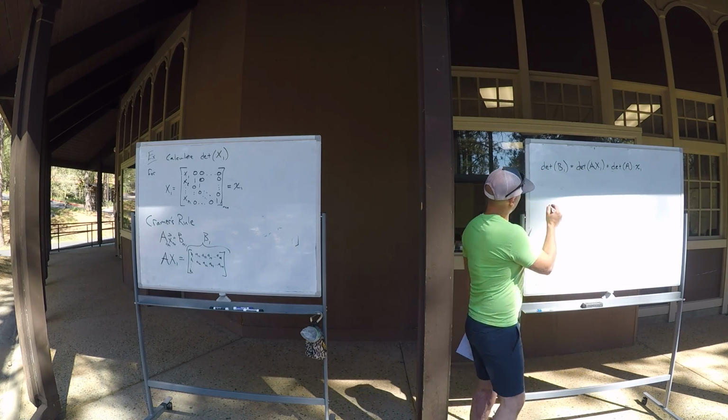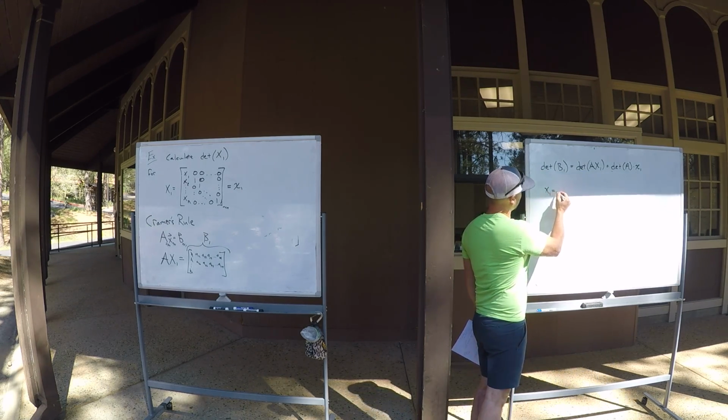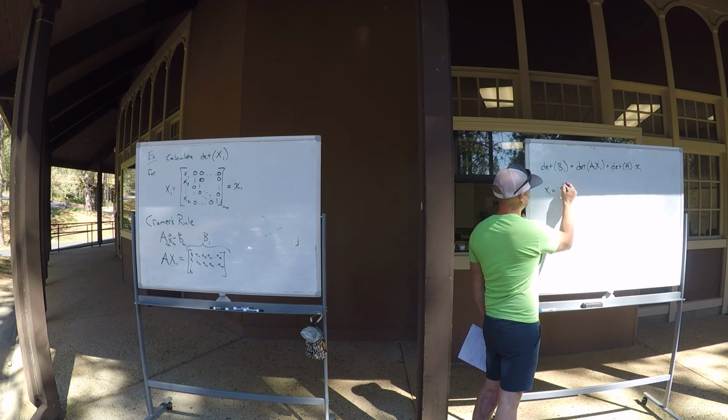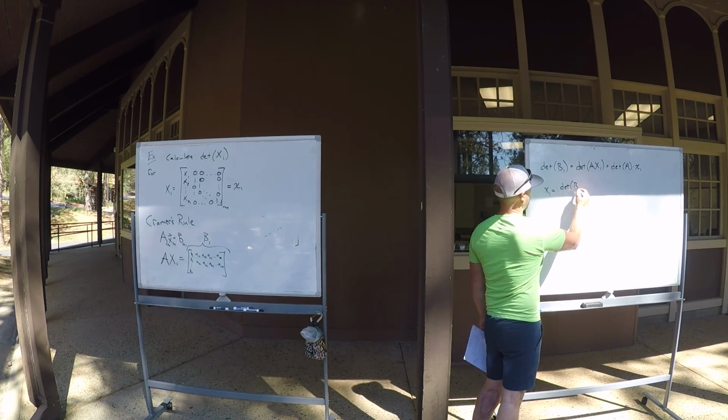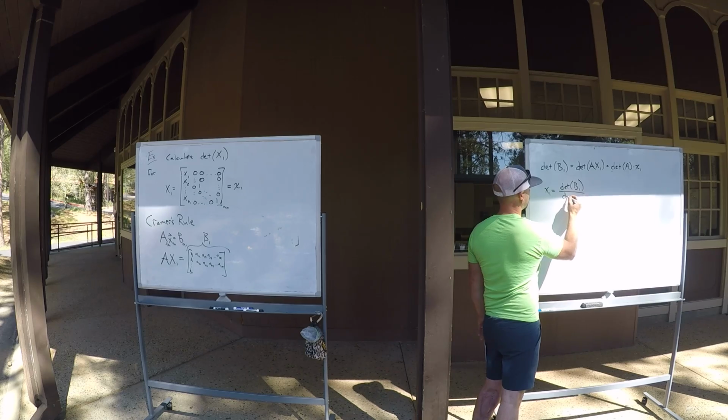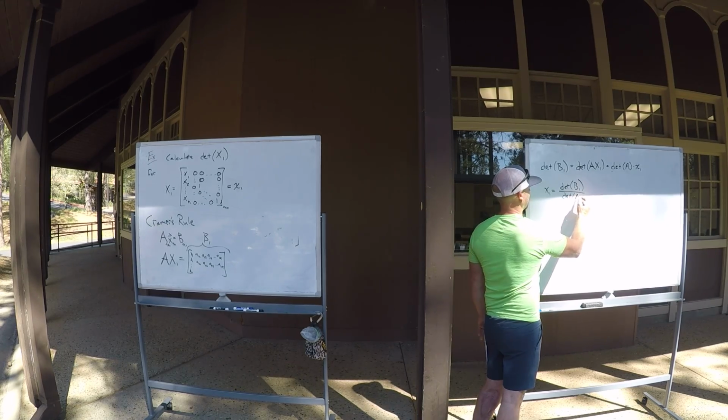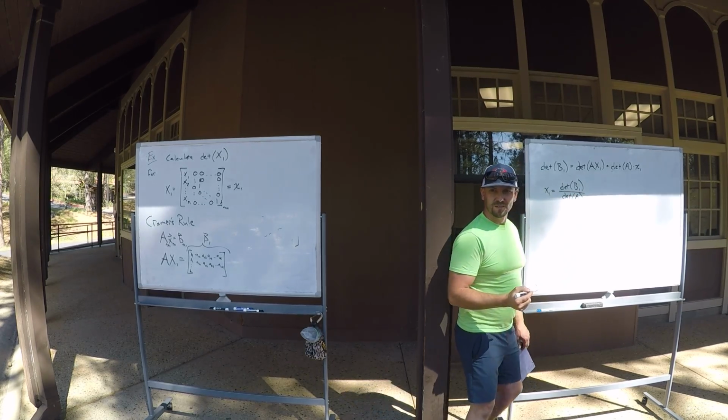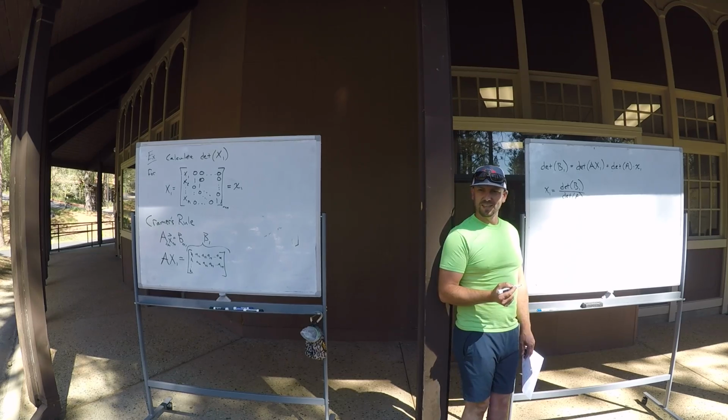Okay, weird idea. So x1 then is the determinant of b1 divided by the determinant of A. You see that?